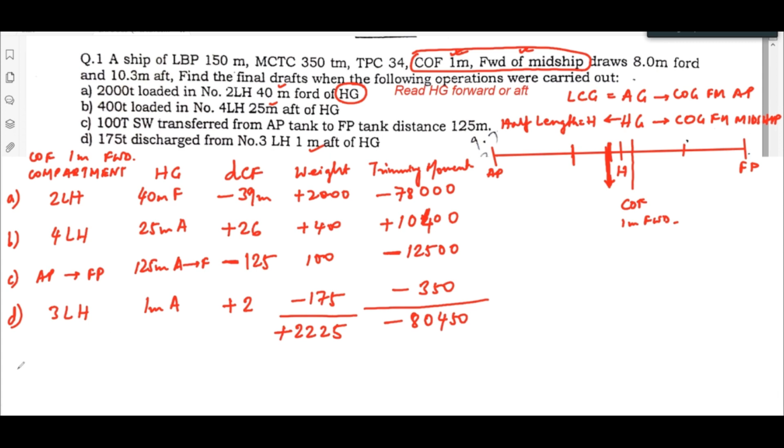So, step 2, trimming moment and change of trim. CTC कितना है? 350.